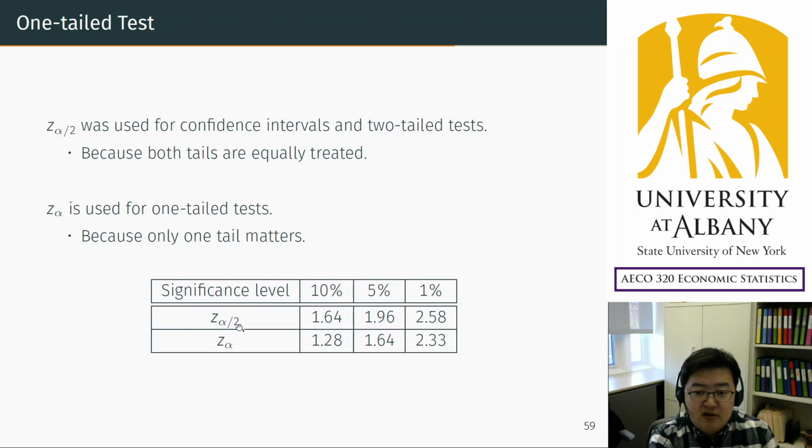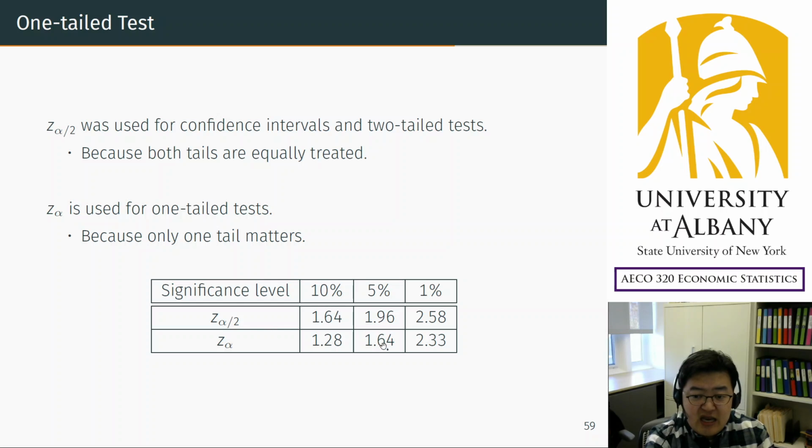So these values 1.64, 1.96, 2.58, these numbers have been used for confidence intervals and for two-tail tests, right? So they are common numbers. However, when you consider one tail, the number has to change. So, this is confusing. 1.64 was used for 10% significance level when you used two-tail test.